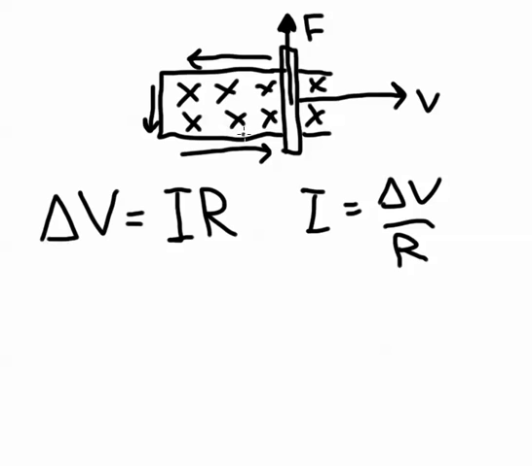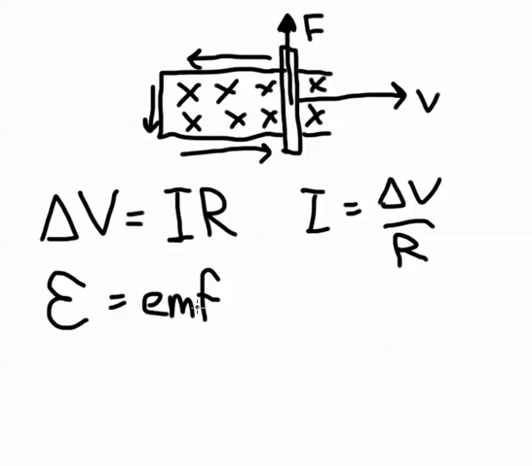So we don't use the idea of potential difference. Instead, we use a very similar idea, which is EMF. And it stands for something, but what it stands for is not very important. It is actually a little confusing, so I'm just going to call it EMF.